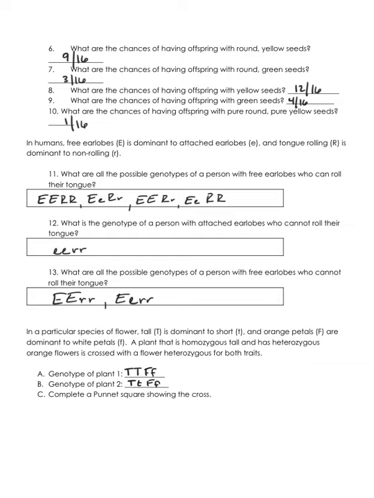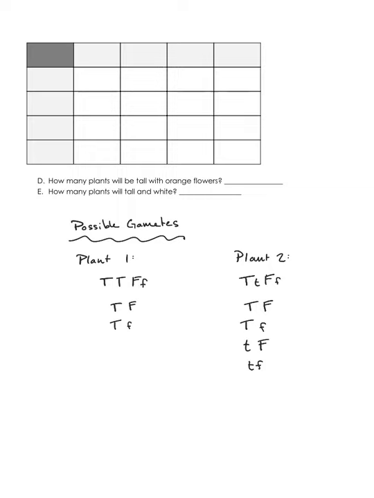So we're going to make a Punnett square showing this cross. First let's go over the possible gametes for these parents. The first plant is capital T, capital T, capital F, small f. And you'll notice that I've only written down 2 possible gametes.